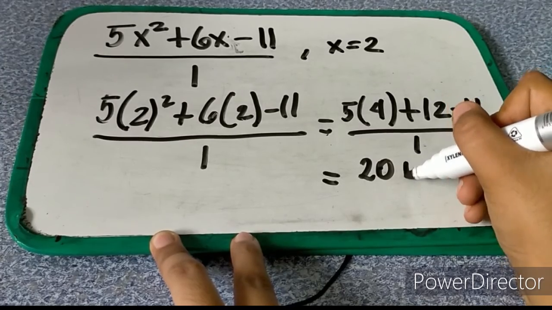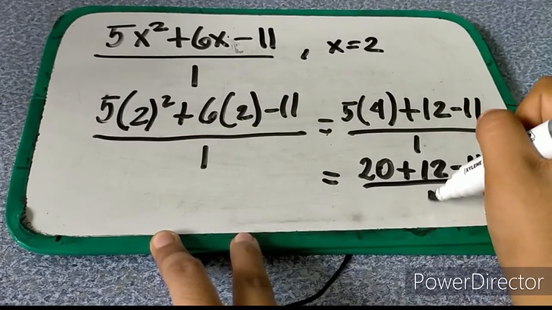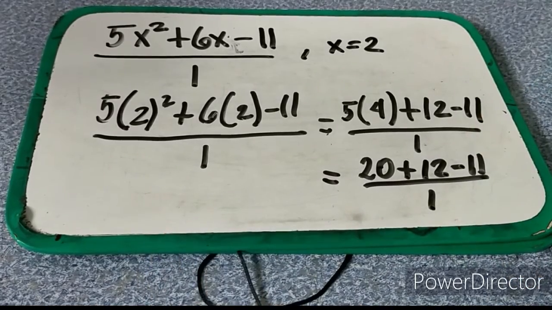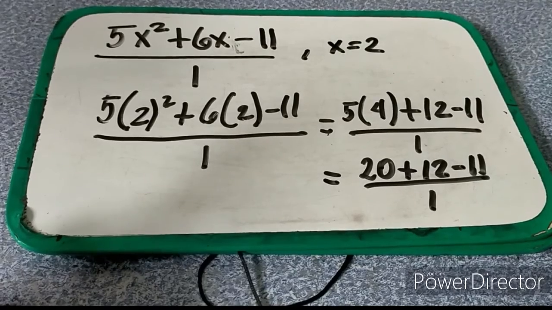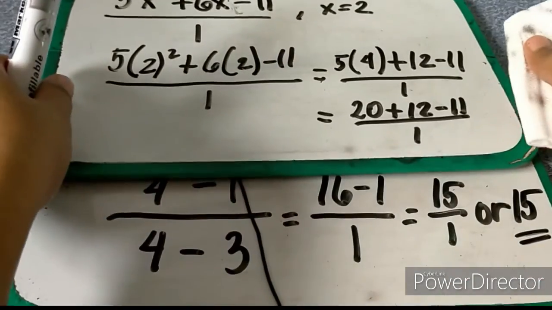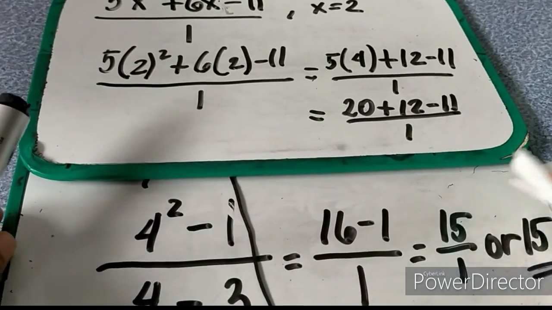Plus 12 minus 11 over 1. Now, 20 plus 12, correct? It is 32.